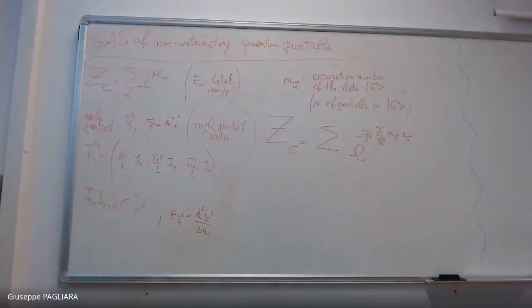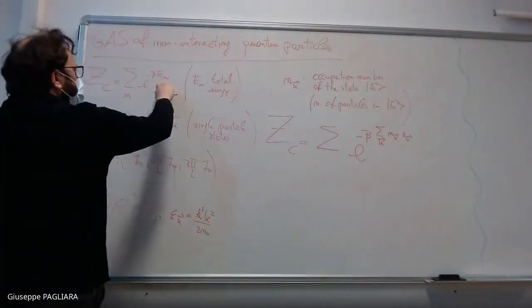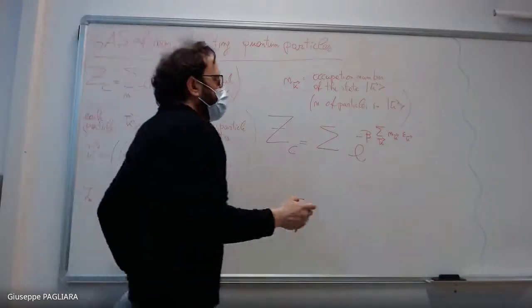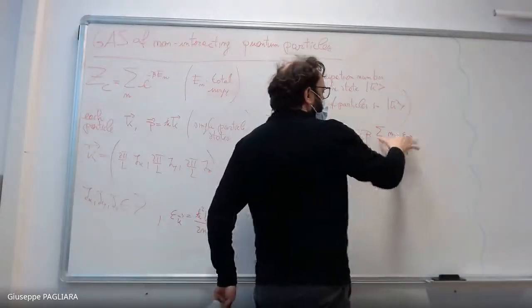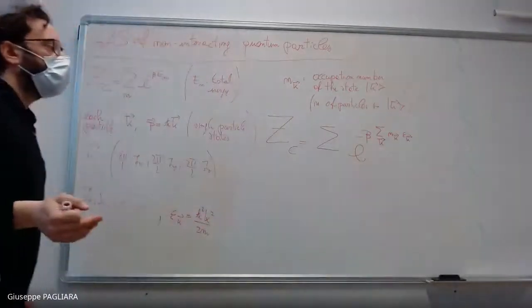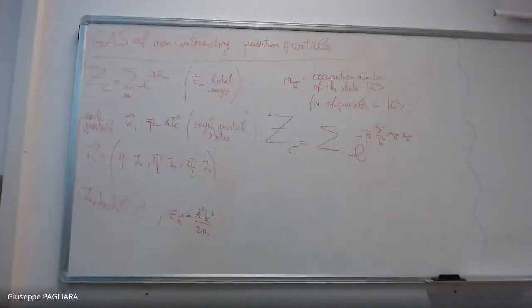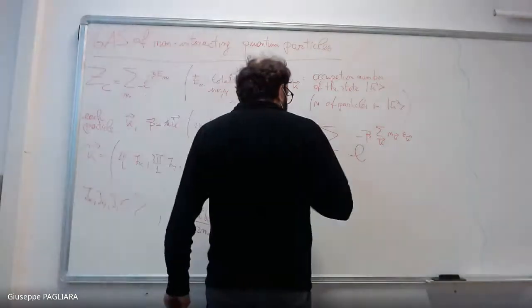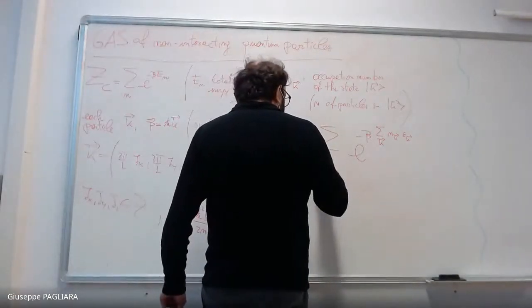So the role of E_n, that was the energy of the total system, is played by this sum over k of n_k epsilon_k, where n_k is the number of particles in state k.